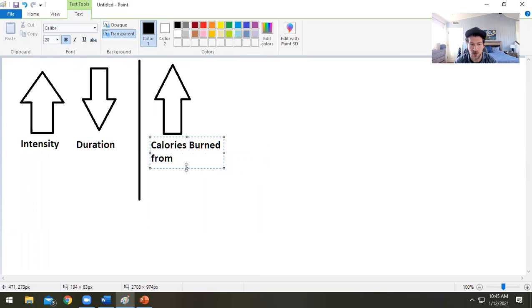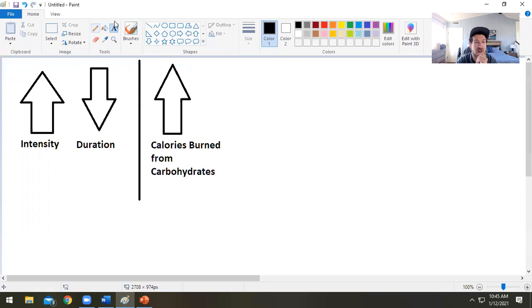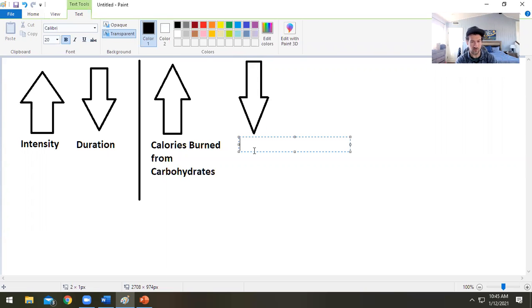During my respiratory quotient, my calories from carbohydrates are going to climb, right? And if I'm burning calories from carbs, that means that I'm not burning very many calories from fat. So now we see my calories burned from fats, that's going to go down.